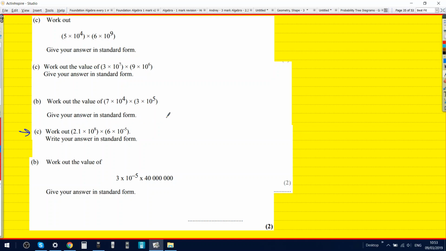Everything is times each other, and so the brackets are unnecessary. So you could ignore them. With 6 times 10 to the power of minus 5, that's going downwards. So that'd be point something. So you don't need any brackets.